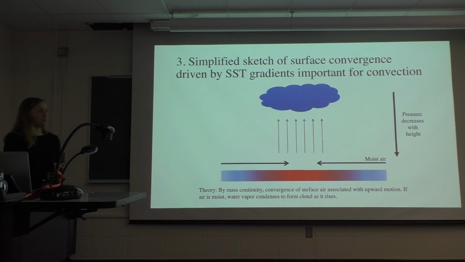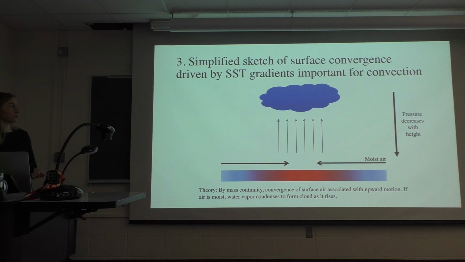And then I have another oversimplified sketch, and this is about surface convergence and the idea that the portion of surface convergence that comes from SST is important for precipitation. So here I just have flow going from colder to warmer SSTs, and that forms convergence.